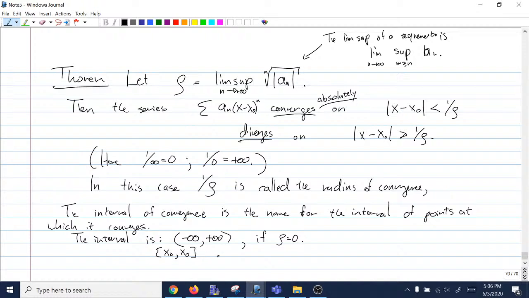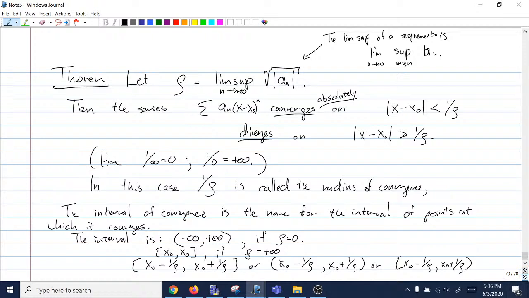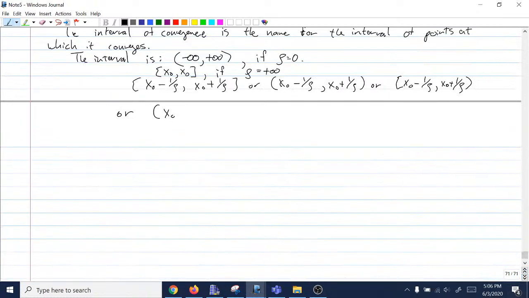If the radius is 0, which is when rho is infinity, it's just the point x0 itself. Otherwise, it is an interval from x0 minus 1 over rho to x0 plus 1 over rho, with parentheses or brackets at the endpoints, if rho is not 0 or infinity.